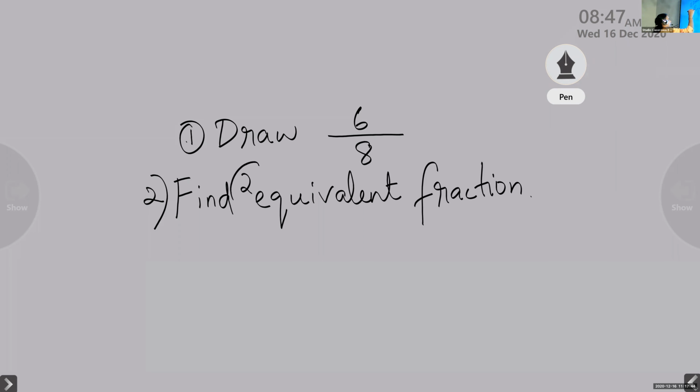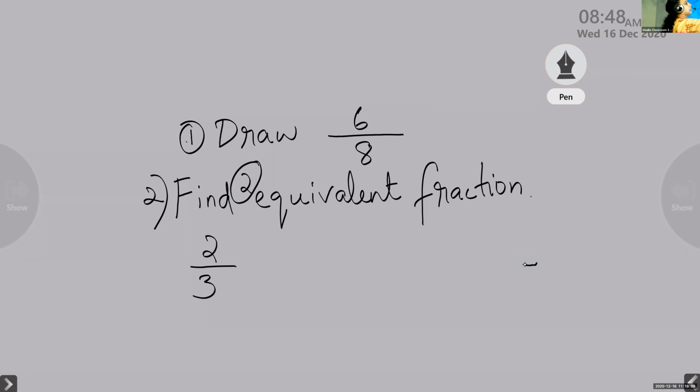Okay, children, you have to write 2 equivalent fractions for 2 by 3. The question is 2 by 3. You have to write 2 equivalent fractions. You know how you can make equivalent fractions? By multiplying or dividing both numerator and denominator by the same number.